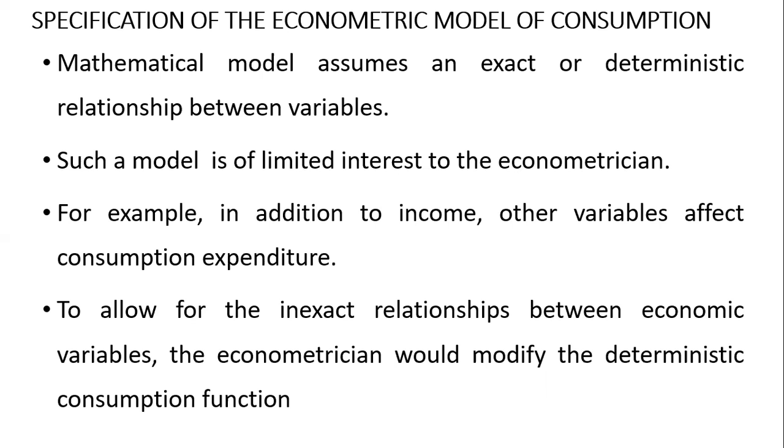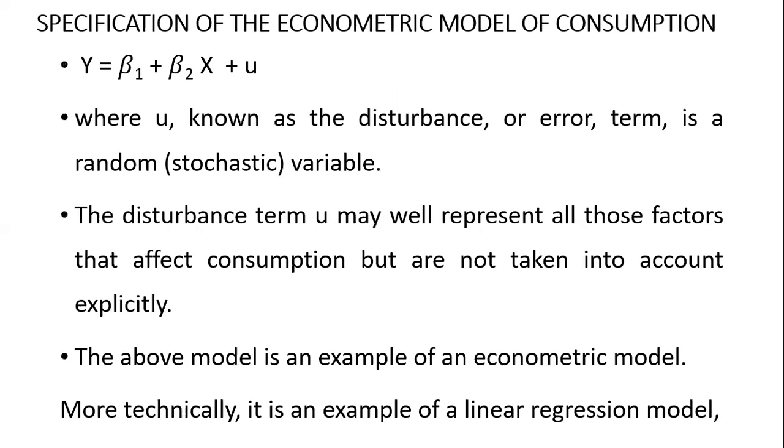Such a model is of limited interest to the econometrician. For example, in addition to income, other variables affect consumption expenditure, not only income. To allow for the inexact relationship between economic variables, the econometrician will modify the deterministic consumption function stated above.